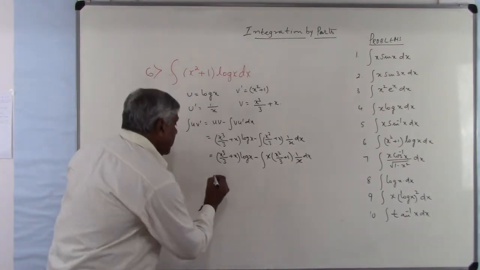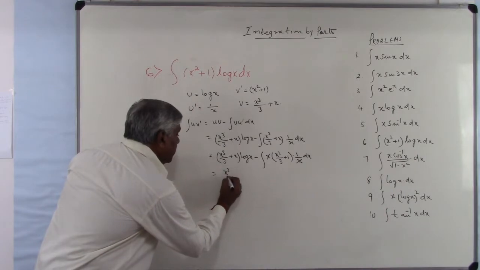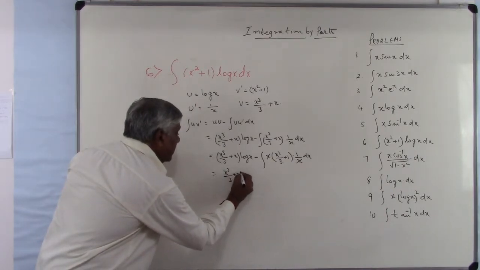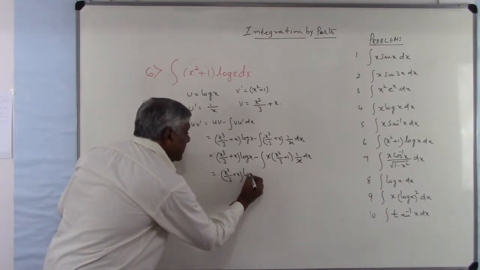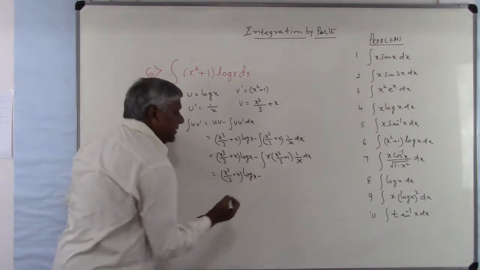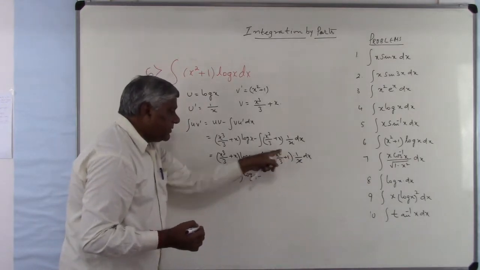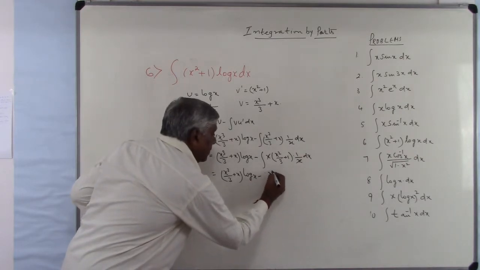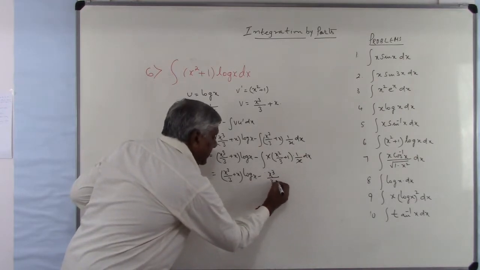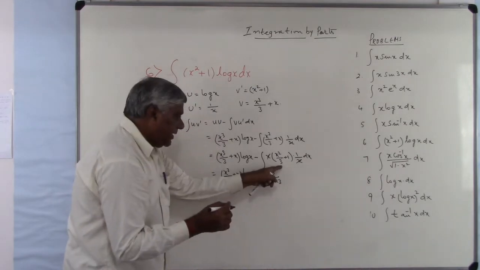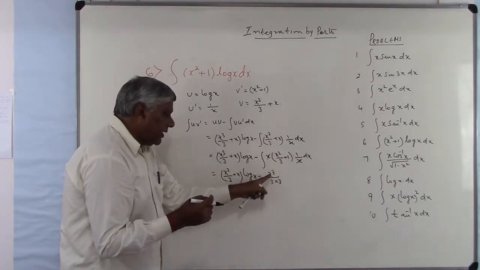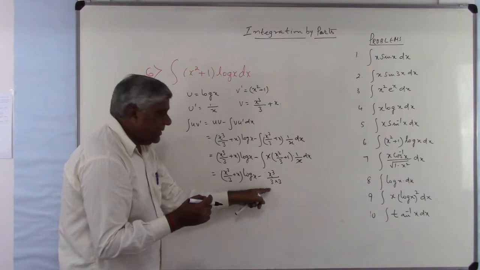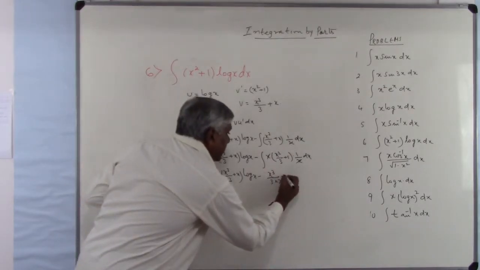So ultimately what you get is x cube by 3 plus x into log x minus, now integrate this separately: 1 by 3 into x cube by 3 into 3, already 3 is there, when you integrate x square it will be x cube by 3, plus x.